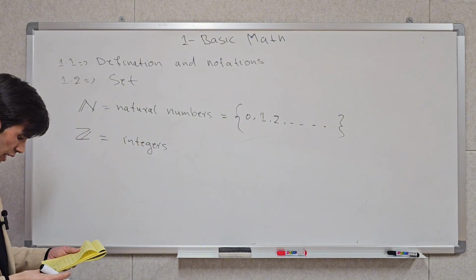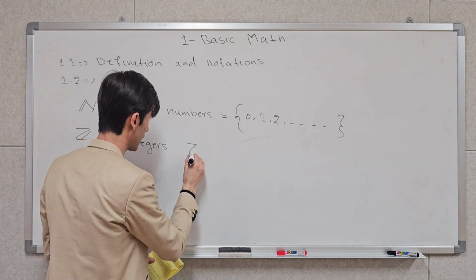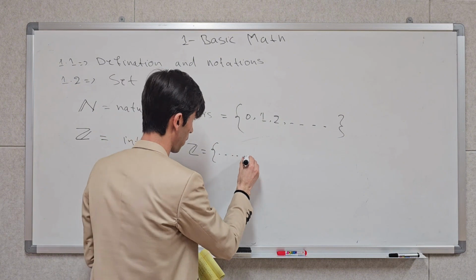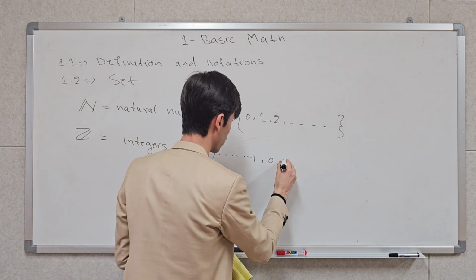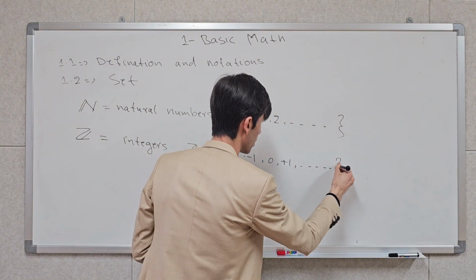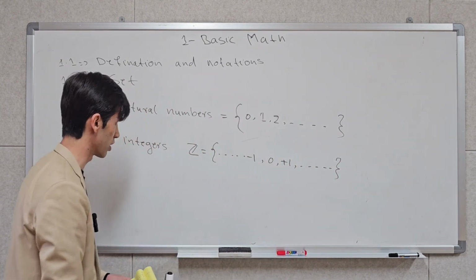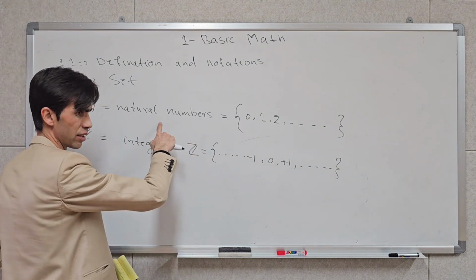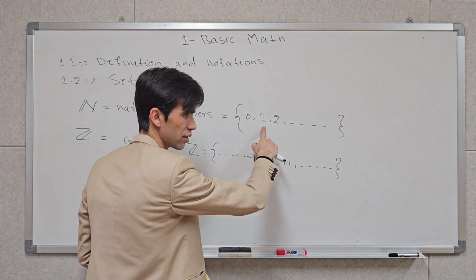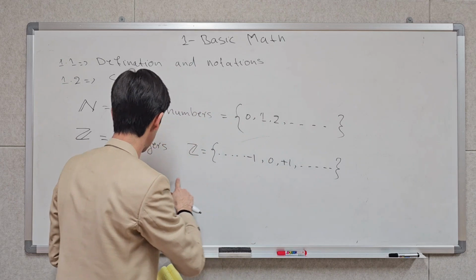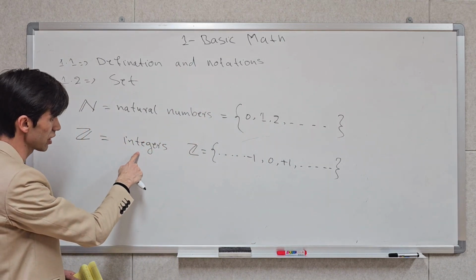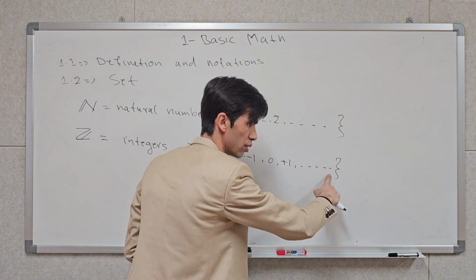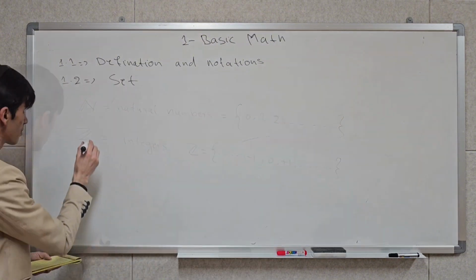The set of integers Z is equal to negative infinity up to -1, 0, positive 1, then up to positive infinity. Sometimes some people include 0 in natural numbers, some people just start from 1 to positive infinity. But when it comes to integers, they include everything from negative infinity up to positive infinity.